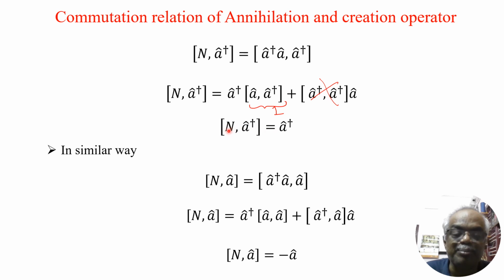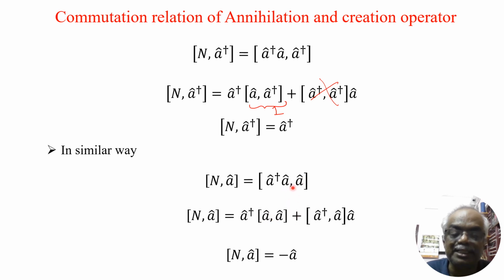So the number operator raises the energy by one unit, that is h cross omega. So here it is a dagger, a dagger is the creation operator. In a similar way, what will happen to the commutation of the number operator with the annihilation operator? The number operator is a dagger a, with a. Here you expand the commutator relation. So this right hand a, left hand a dagger will become left hand side, then this is a dagger a.